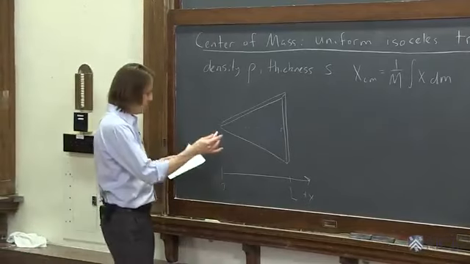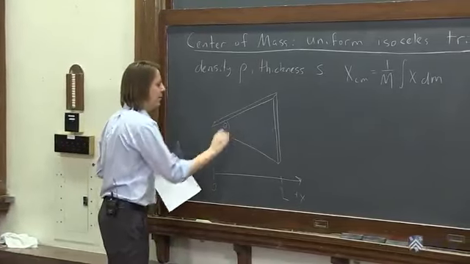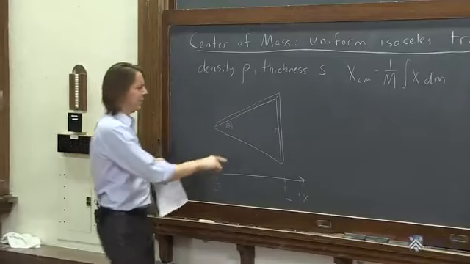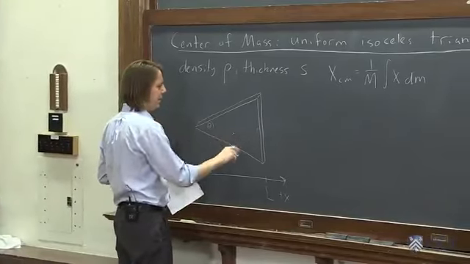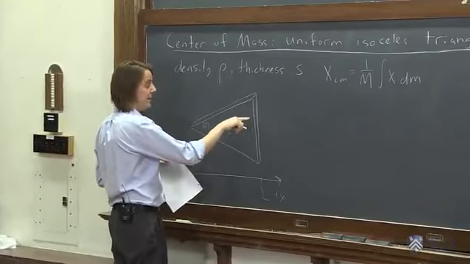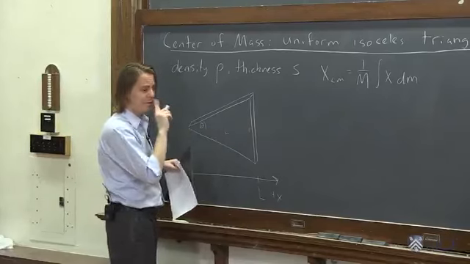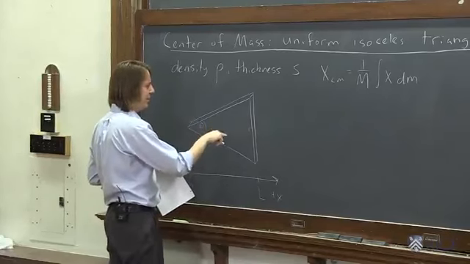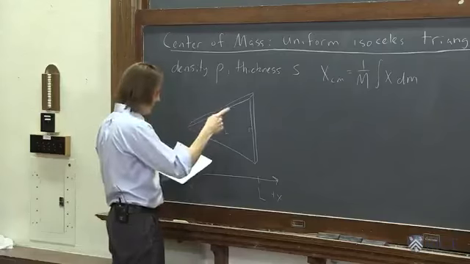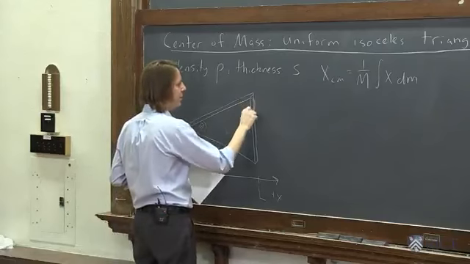But I do know, let's see, I'm going to go with the half angle there. I'm going to call that theta. And I know that this is then L, and I know that this must be L times the tangent of theta, right? Because tangent of theta is this over this, so bring that over. So this is L tangent theta.